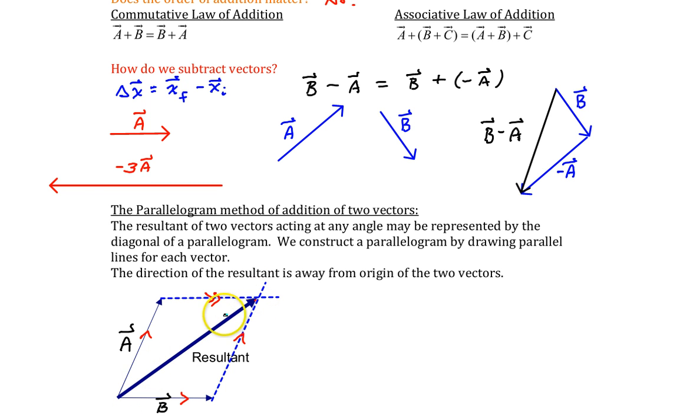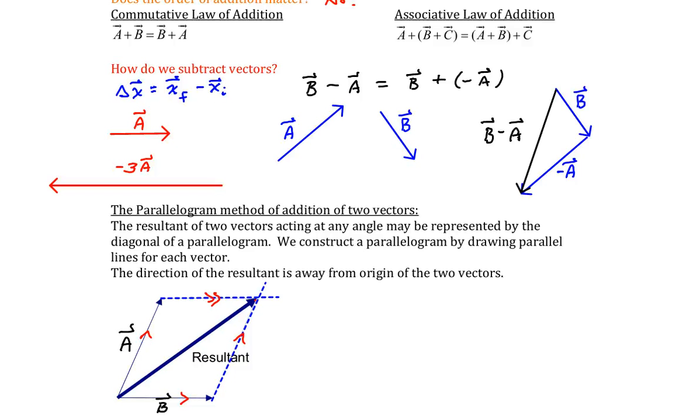The length of that diagonal would represent the magnitude of the vector, and don't forget you'd have to put a direction on that vector because it has a direction as well. I find this parallelogram method very convenient when you have two concurrent vectors.